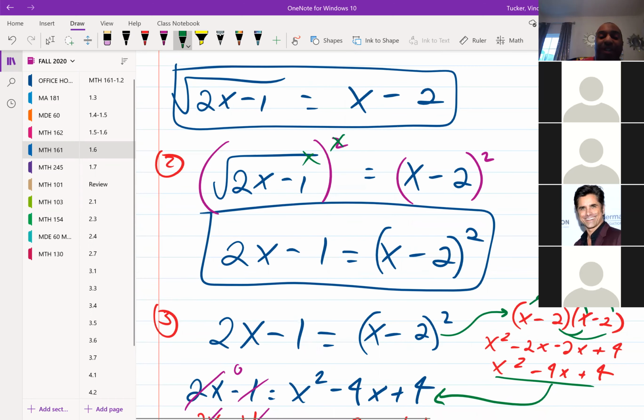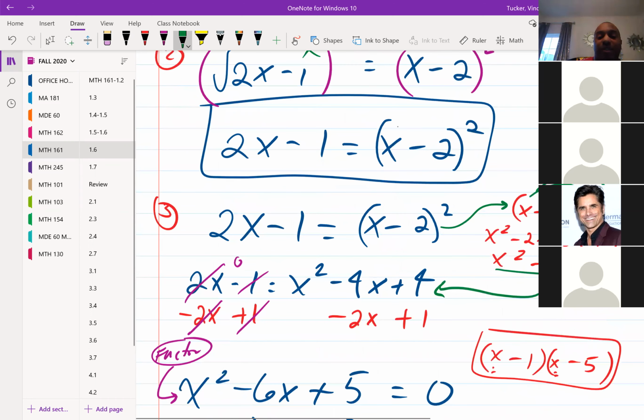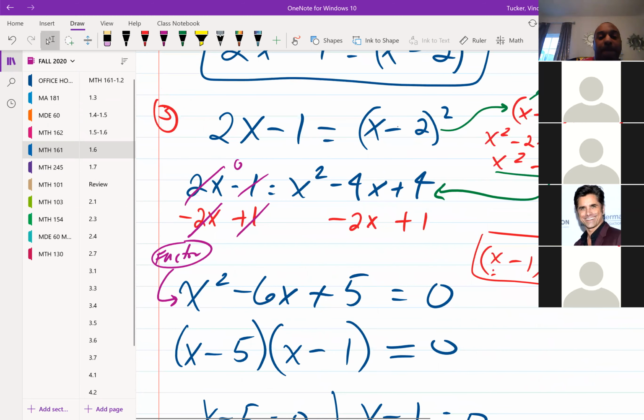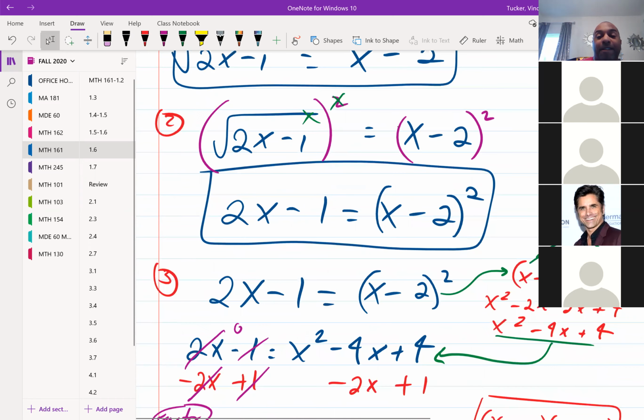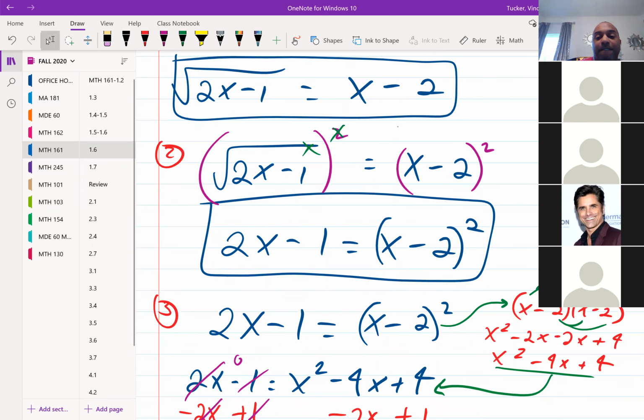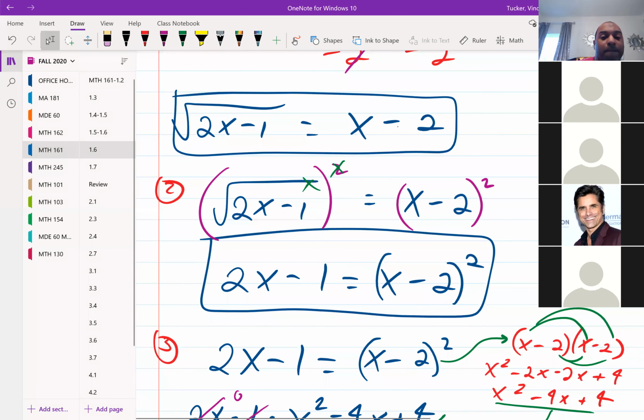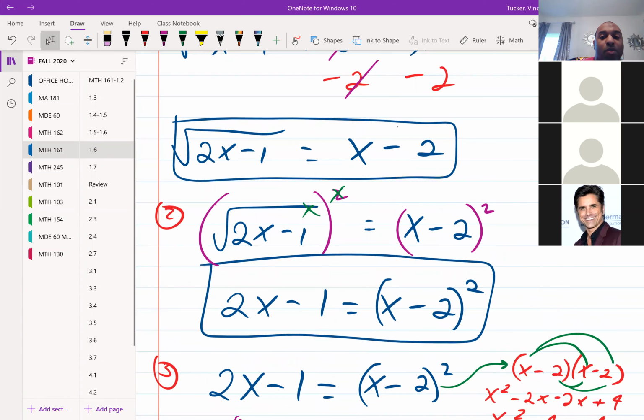Anybody else before we check to see if our solutions are correct? Professor Tucker, yes, sir. I'm not trying to teach the class, but it would help probably if you say to eliminate the radical. What did I say? I think that's where people got confused. Well, what did I say? I can't recall what you said.